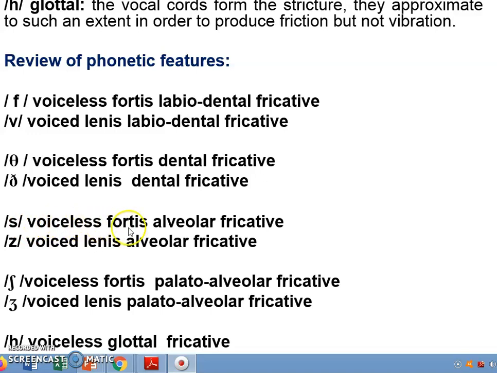S, voiceless, fortis, alveolar, and z, voiced, lenis, alveolar. Sh, voiceless, fortis, palato-alveolar, and zh, voiced, lenis, palato-alveolar. So you see they all have their voiced counterparts, but in h, there is no voiced counterpart. It's voiceless. And because it doesn't have a voiced counterpart, we don't need to say it's lenis. It's a voiceless glottal fricative.